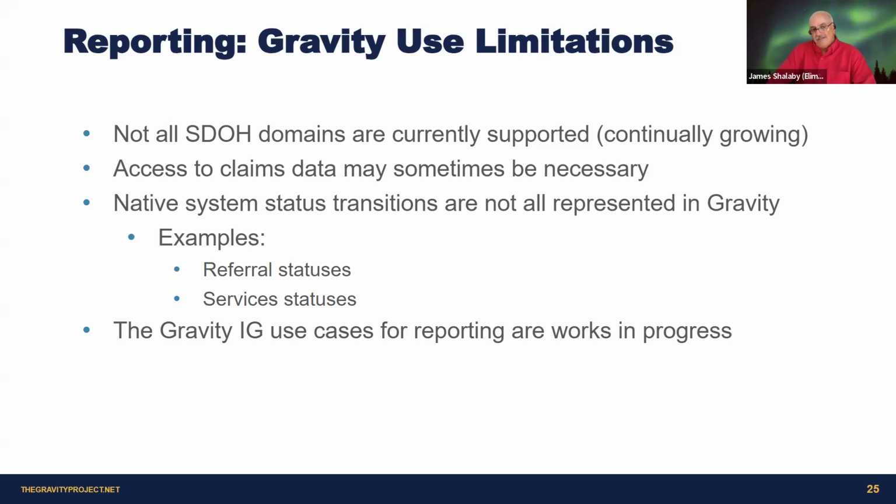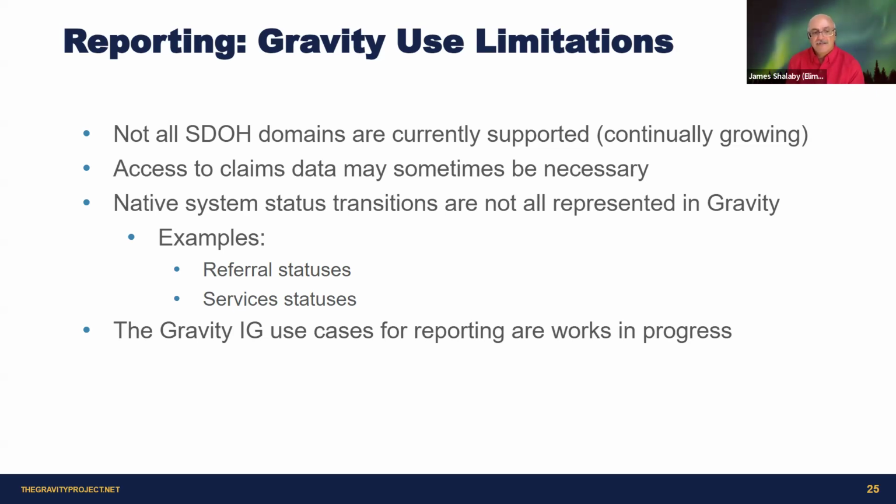Native system status transitions are not all represented in Gravity. So, for example, referral statuses, services statuses, there may be many intermediate statuses that are important for delivery of care and workflow and coordination between an SCN and a set of CBOs or service providers. But Gravity may only expose certain endpoint statuses, such as a service was successful and completed, or it failed, or it might be on hold.